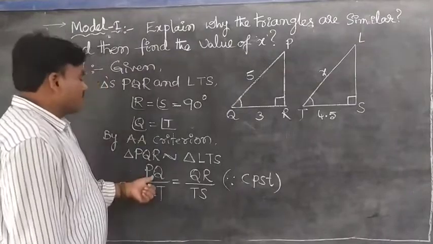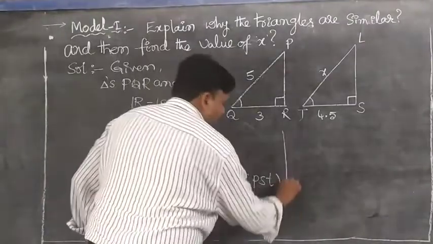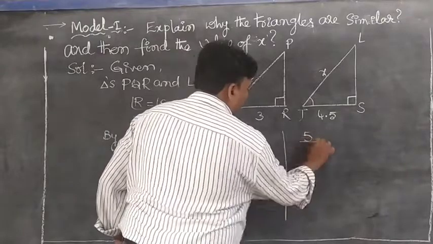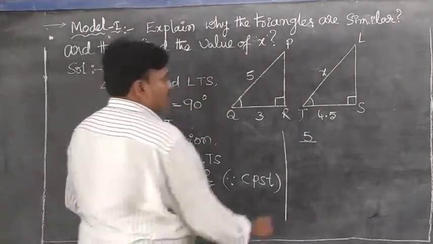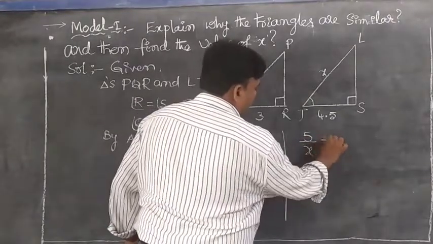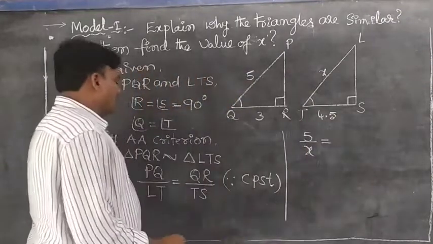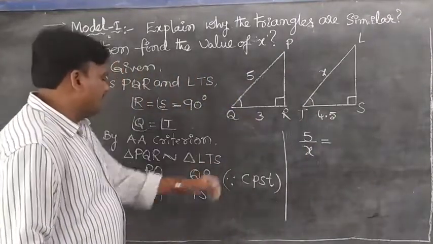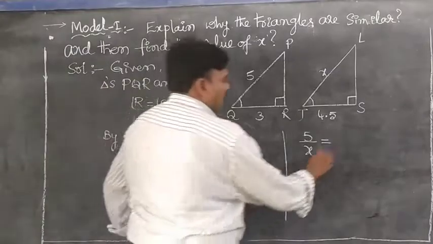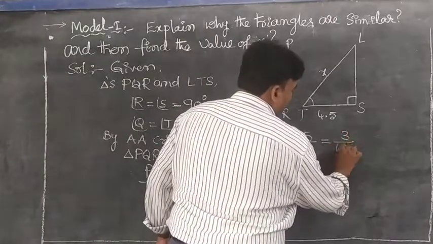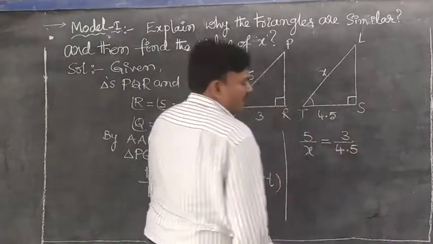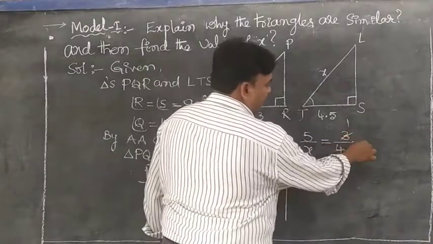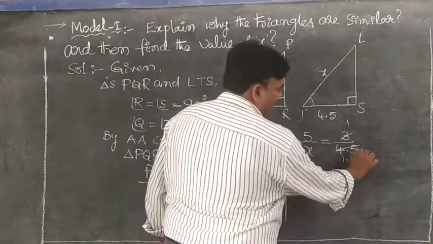So here, what is the PQ value, students? PQ value is 5. So 5 by LT, which is x, equals QR by TS. QR is 3 and TS is 4.5. So that implies 3 by 4.5. Cancel with 3: 3 1s are 3, 3 5s are 15.